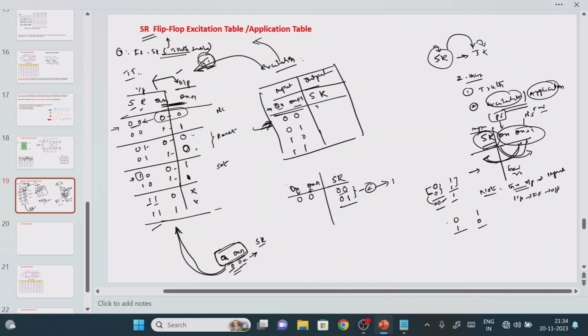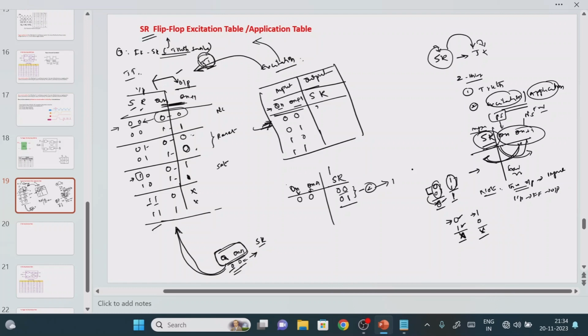It means it is not completely 0 or completely 1. It may be 0 or it may be 1. So we represent it with the don't care combination. Again, same value means we can write 0, same value means we can write 1. If it may be 0 or may be 1, we write the don't care condition.